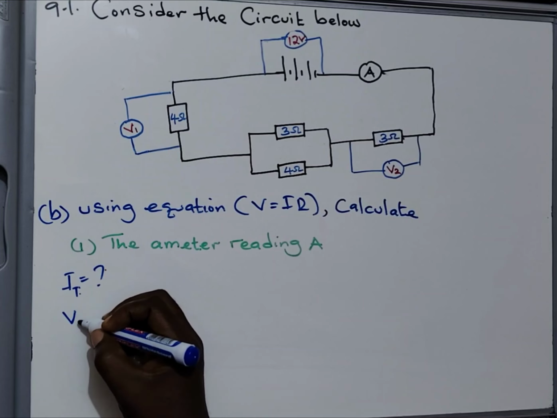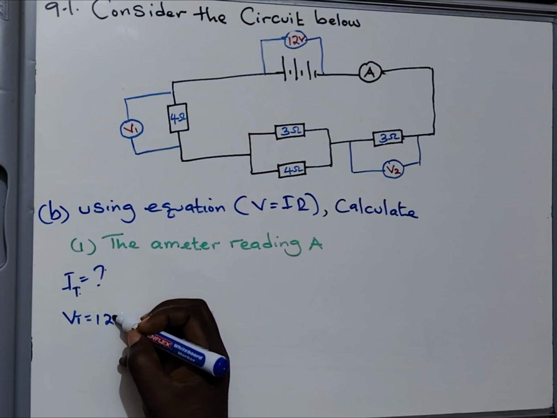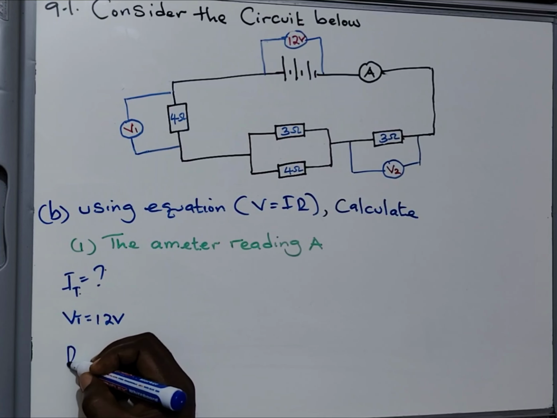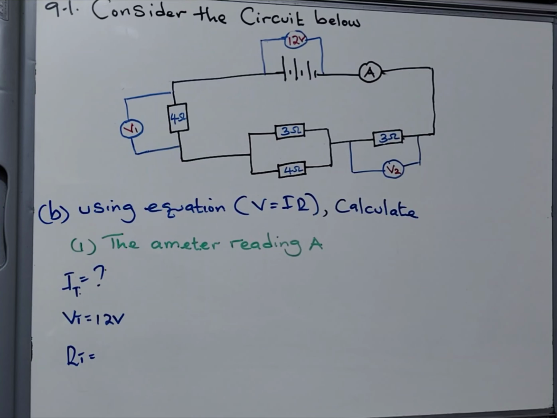But we know V total is the same as V terminal, which is 12 volts. And we know R total, we just found it as 8.71.